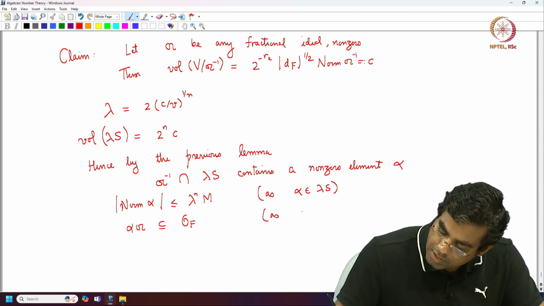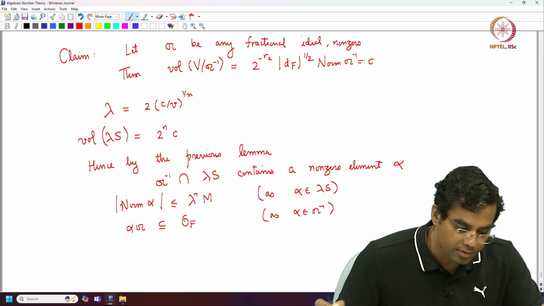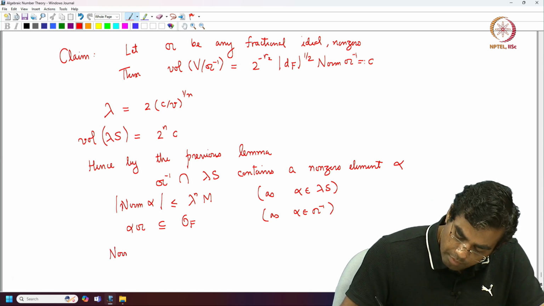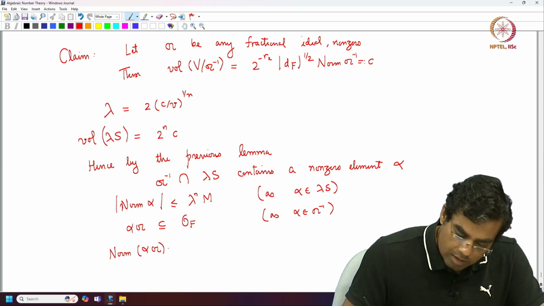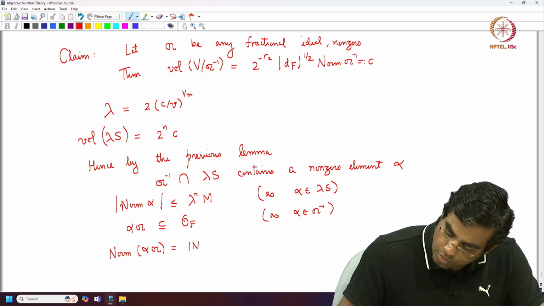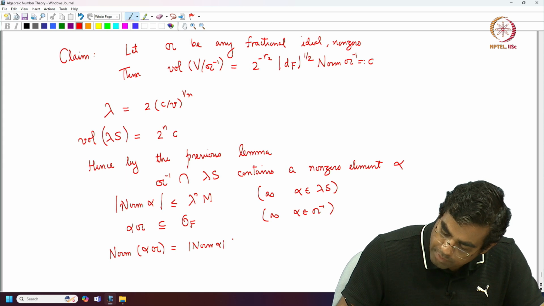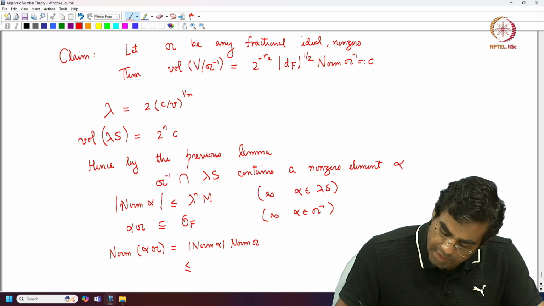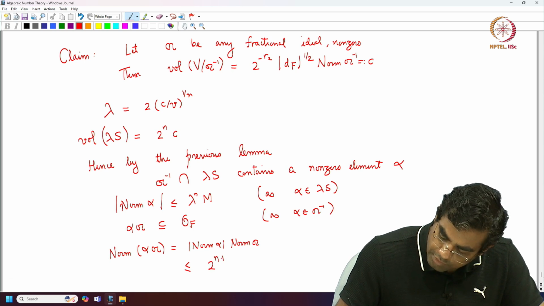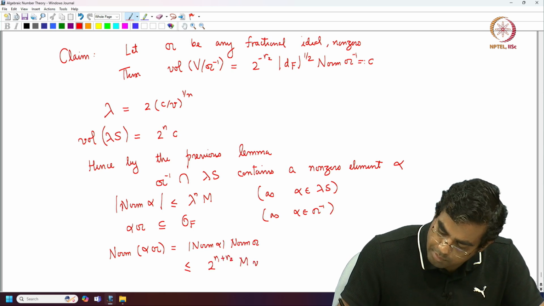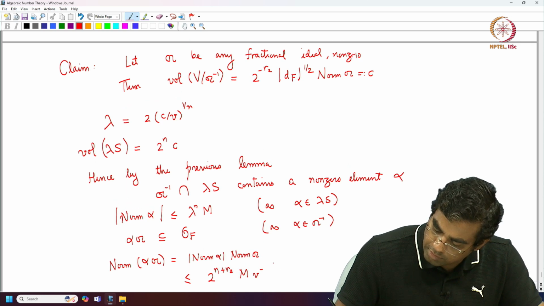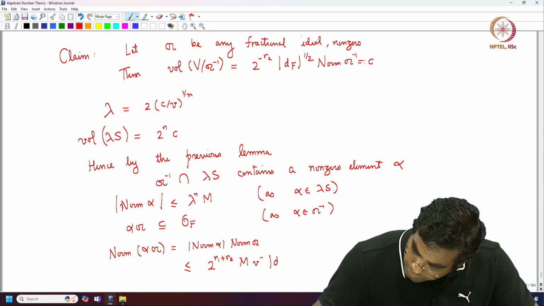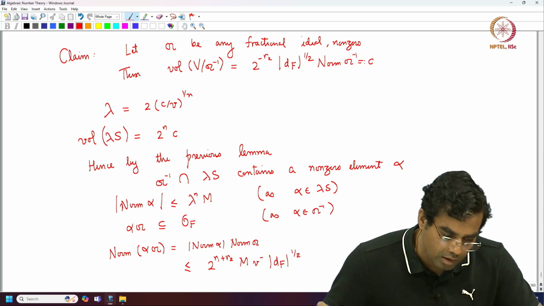This is because alpha belongs to A inverse, and that is the reason why we are doing this. And so, if you take the norm of alpha times A, this is equal to the norm of alpha times the norm of A, which is less than or equal to 2 to the power r1 plus r2 times M times V inverse times the discriminant of F to the half.